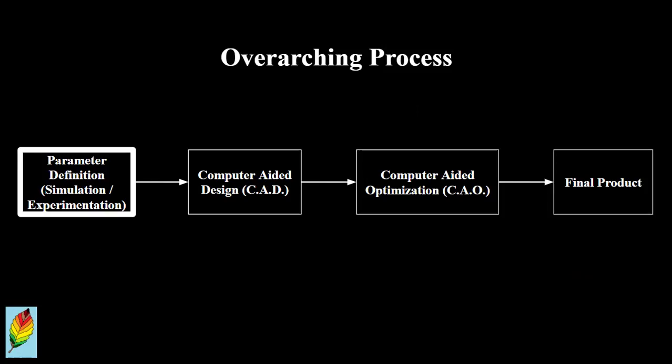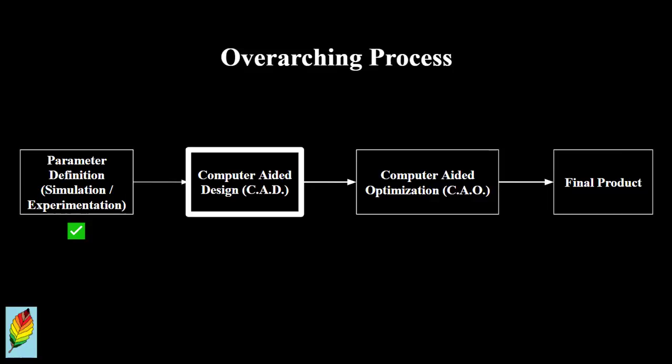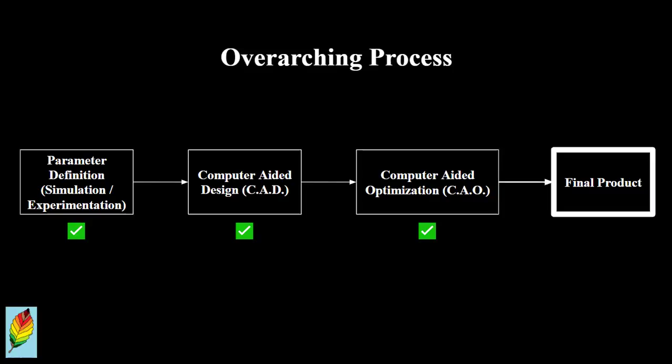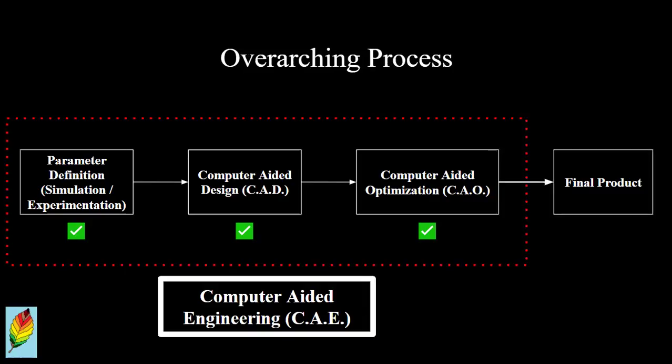With the parameters defined from simulation or gathered data, all the design definitions, characteristics, and behaviors defined via computer-aided design, and the optimization problem fully defined via computer-assisted optimization, we have now completed an iteration of design generation using computer-aided engineering, also known as CAE.